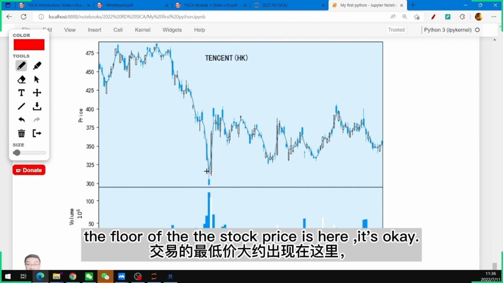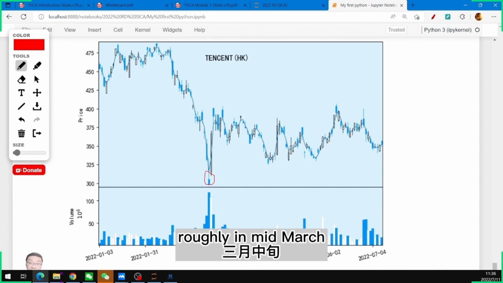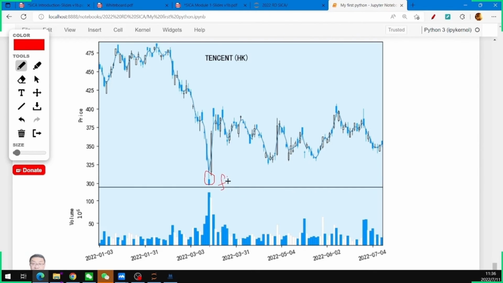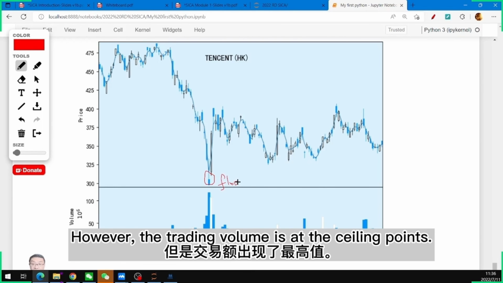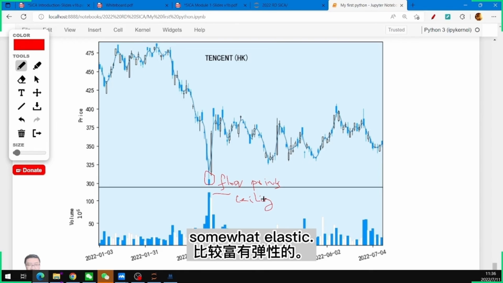If from long run, we can still find something interesting here. Okay, the floor of the stock price is here. It's at roughly mid-March lowest points, floor points. However, the trading volume is at the ceiling points. That means Tengxun stock price is somewhat elastic.